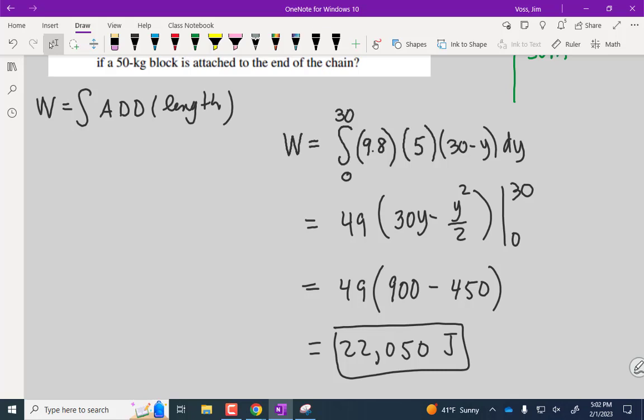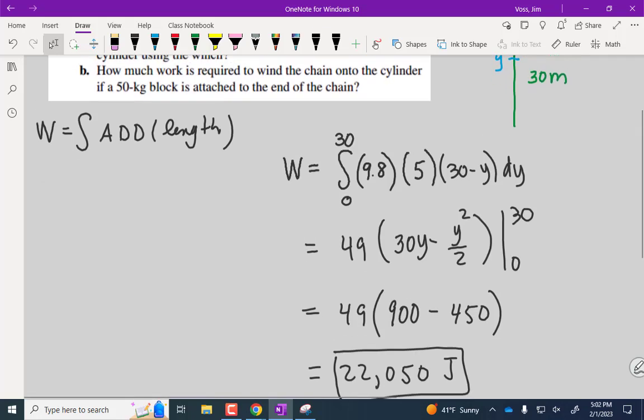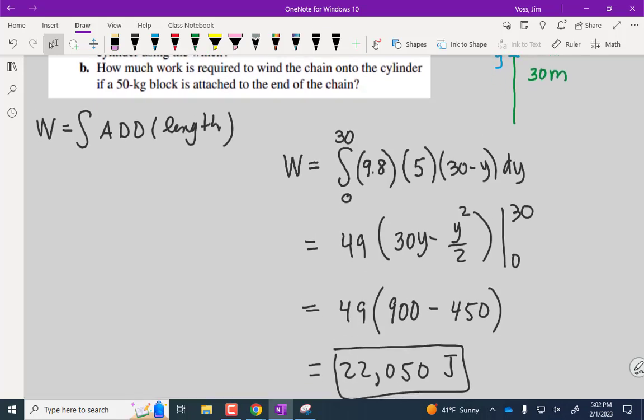All right. So the second part says same scenario, except that we have a 50-pound block. We can treat the block as a separate scenario and just talk about lifting the block 30 meters. If it's just going to be lifted, we can just use MGH.